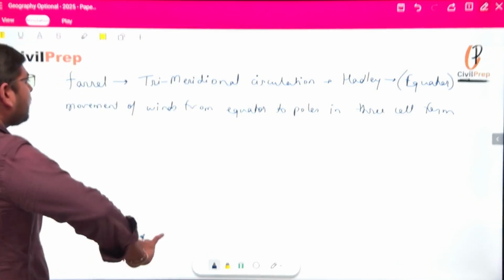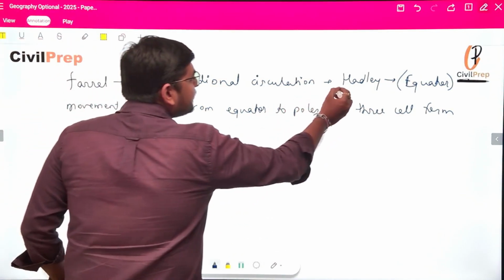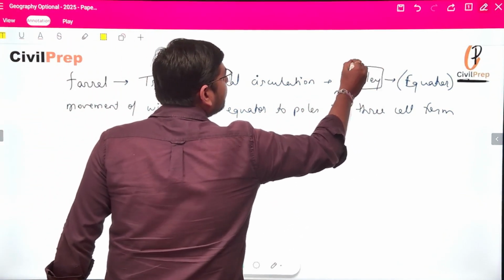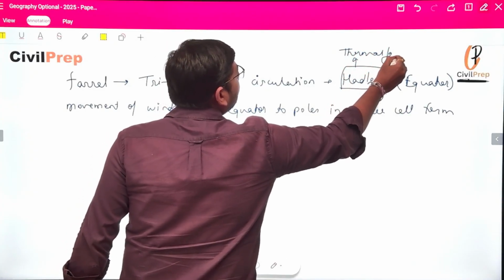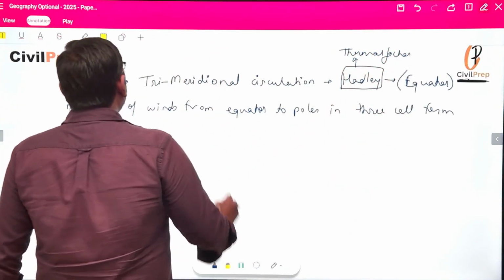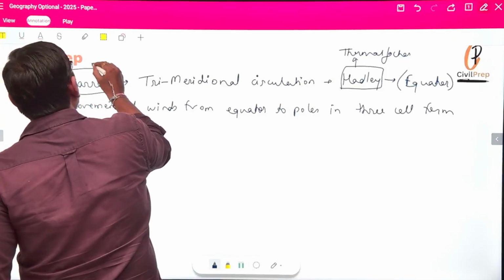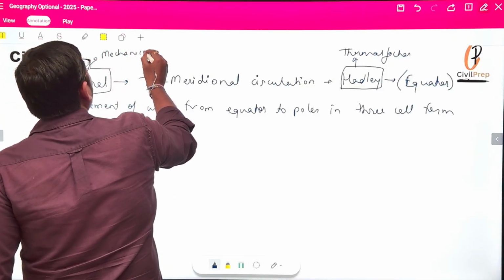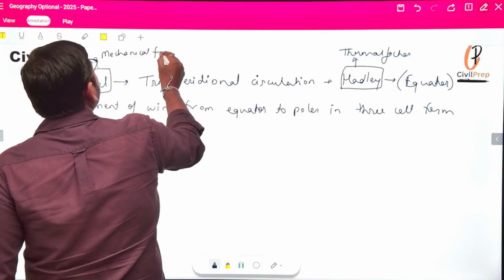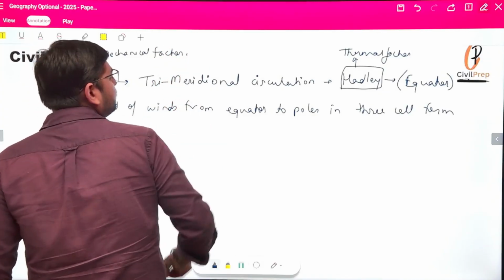But how is this taking place? Hadley has given his concept of the thermal factor, and Ferrel has given the concept of the mechanical factor for this movement of winds.